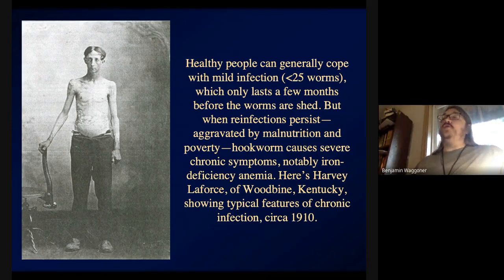And of course, just general poverty and malnutrition don't help matters. In that case, hookworm can be really severe. So circa 1910, here's a gentleman from Woodbine, Kentucky, with the wasted body and swollen belly that's typical of heavy chronic hookworm infection.